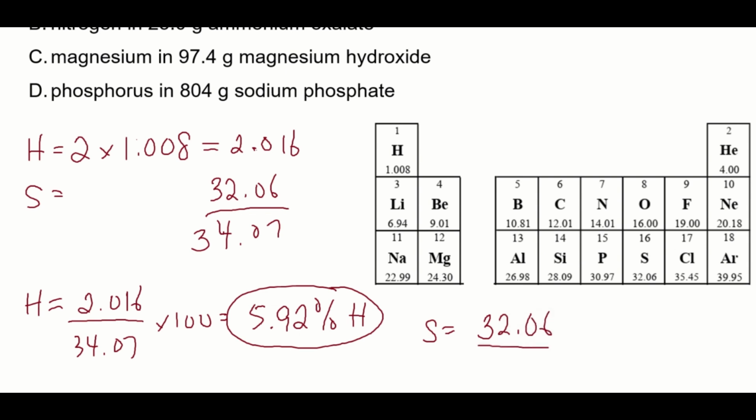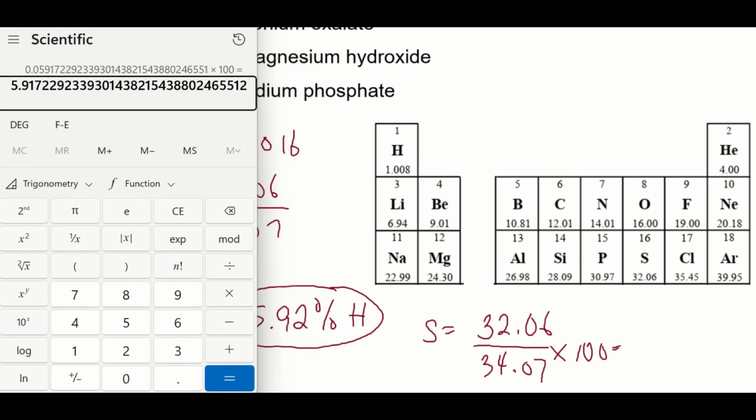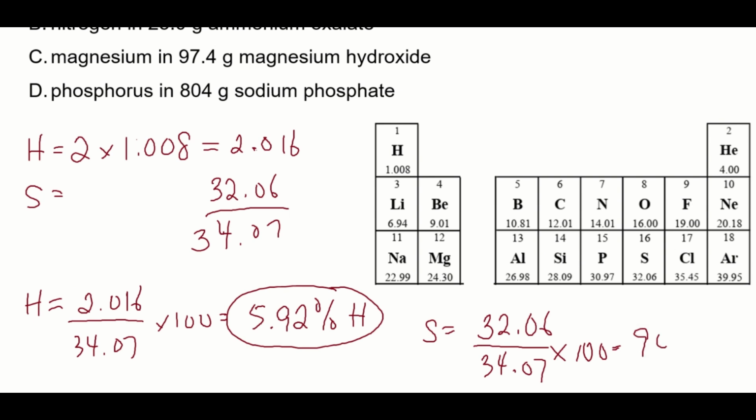But I'm going to calculate it the same way. 94.10%, or 94.1%, is the mass percent of sulfur. And if you add those two using the digits to the tenth place, then you get 100%.